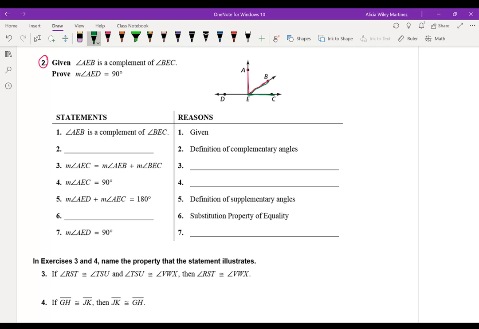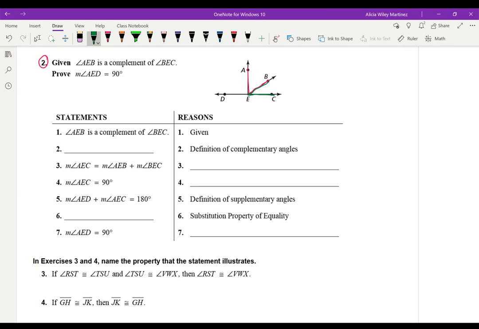Now, if an angle is a complement of another angle, that means they will add up to 90 degrees. Okay? A definition from chapter 1 is the definition of a complementary angle.